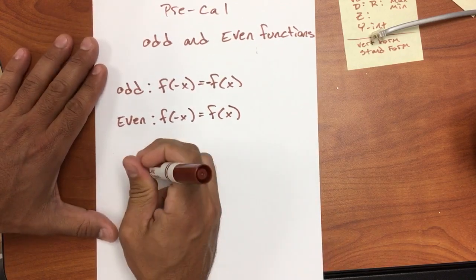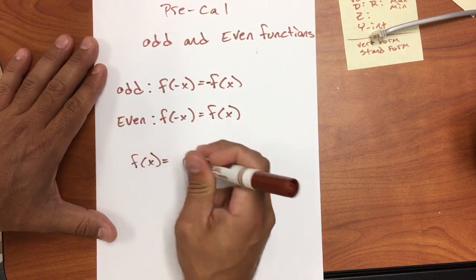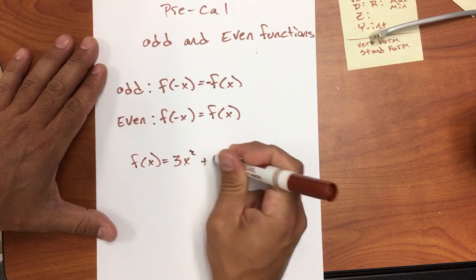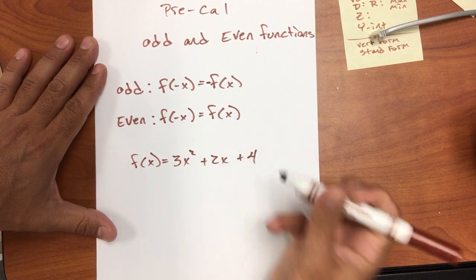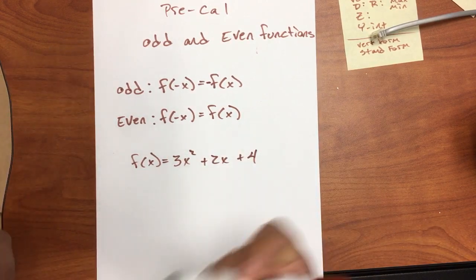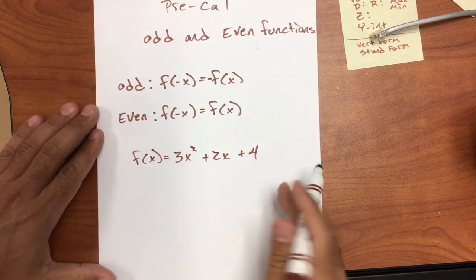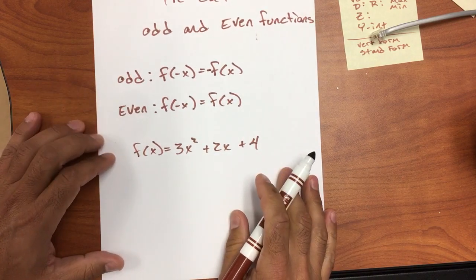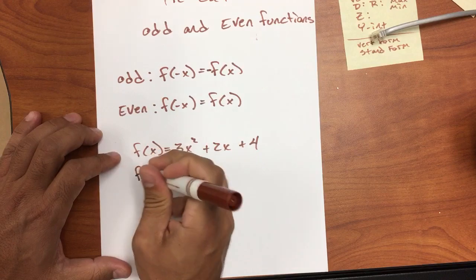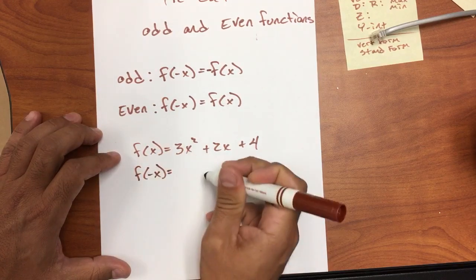So if I have a function that tells me f of x equals 3x squared plus 2x plus 4, it's possible that it's neither odd or even, but I'm going to try both of those deals out and see if either one works. So I'm going to go f of negative x and see what happens.